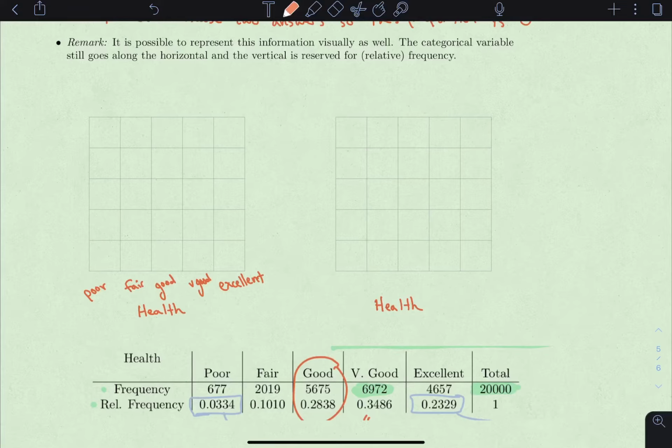On the vertical, let's count frequency. And we need to count up to, the biggest value we have is almost 7,000. So let's give us some extra room at 10,000.